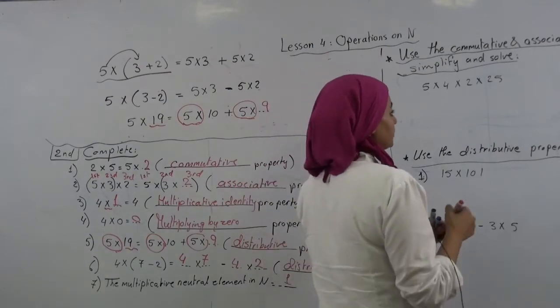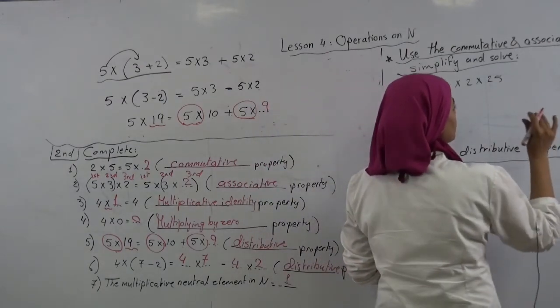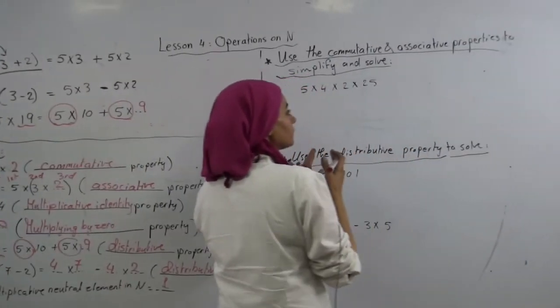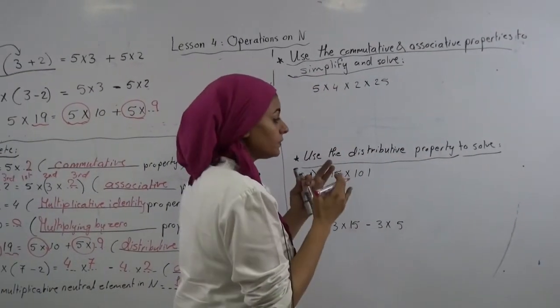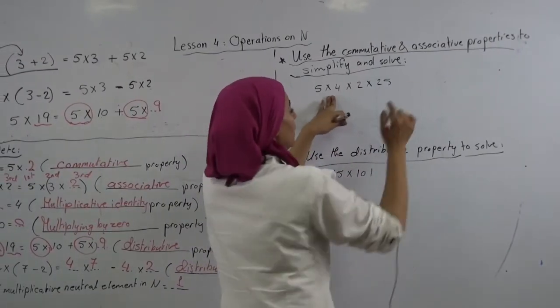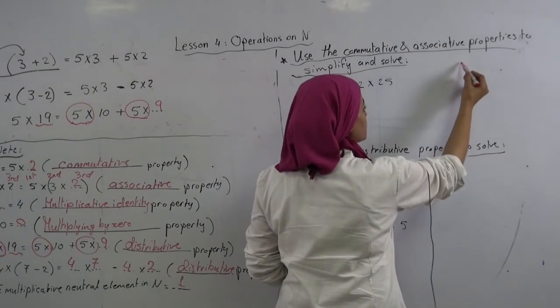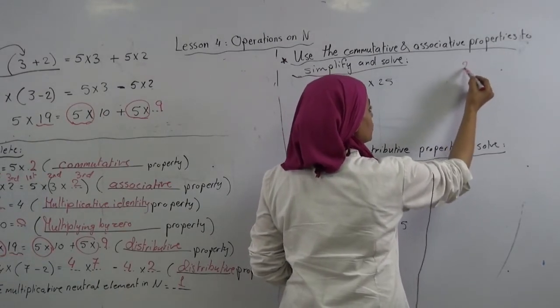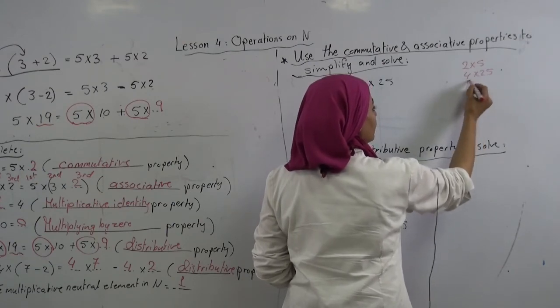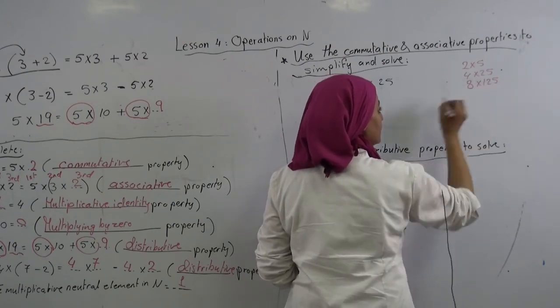In multiplication, we are going to search how to use the commutative and associative properties. As we said, we are searching for numbers that will give me more zeros by the operation. Here, the operation is times. The numbers that will give me more zeros by multiplication are 2 times 5, 4 times 25, and 8 times 125.